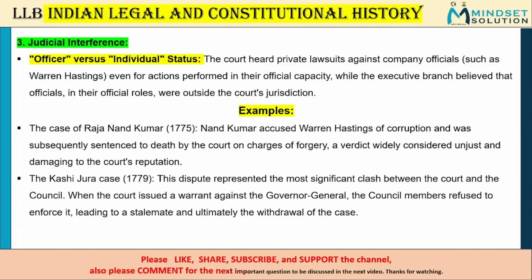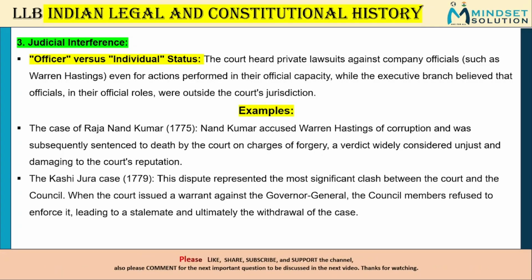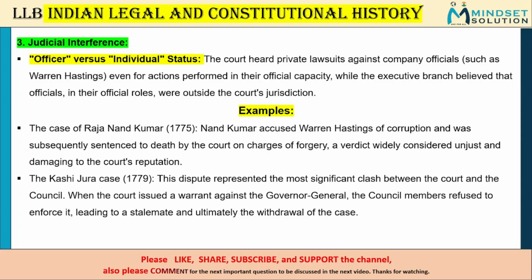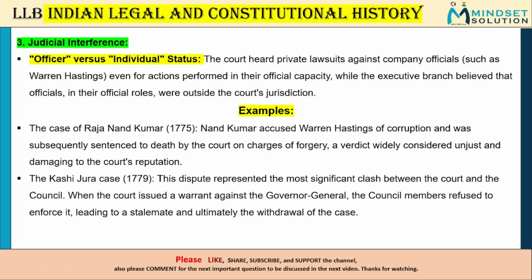Now, next example is the Kasijura cases, 1779. This dispute represented the most significant clash between the court and the council. When the court issued a warrant against the governor general, the council members refused to enforce it, leading to a stalemate, and ultimately withdrawal of the cases.